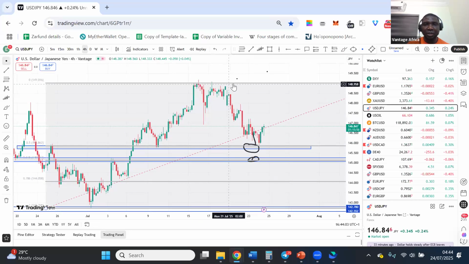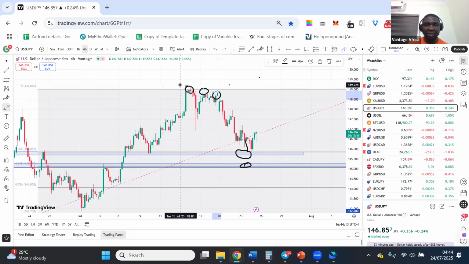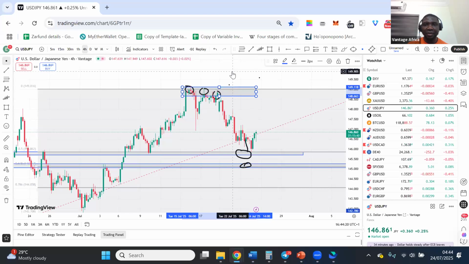Let's look at this top now. You see this area, there's a swing high, a swing high, a swing high. That gives you a resistance zone right there.